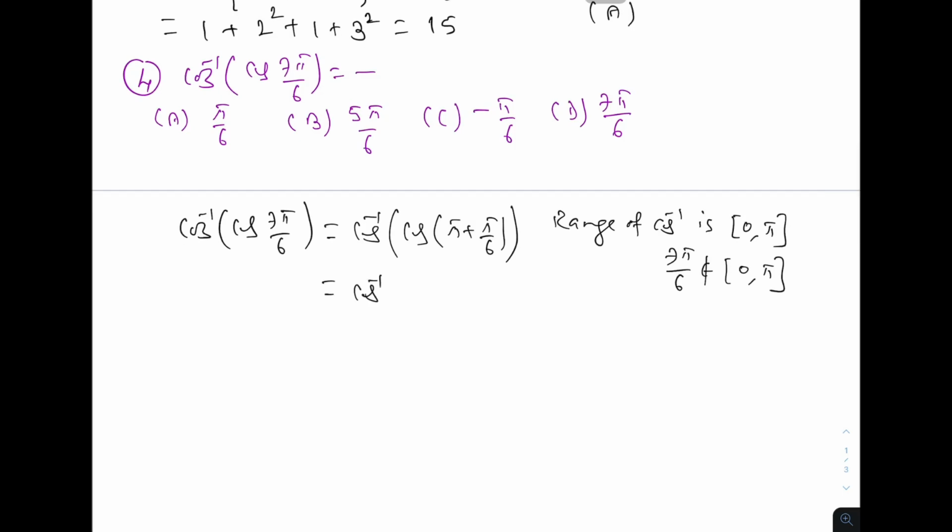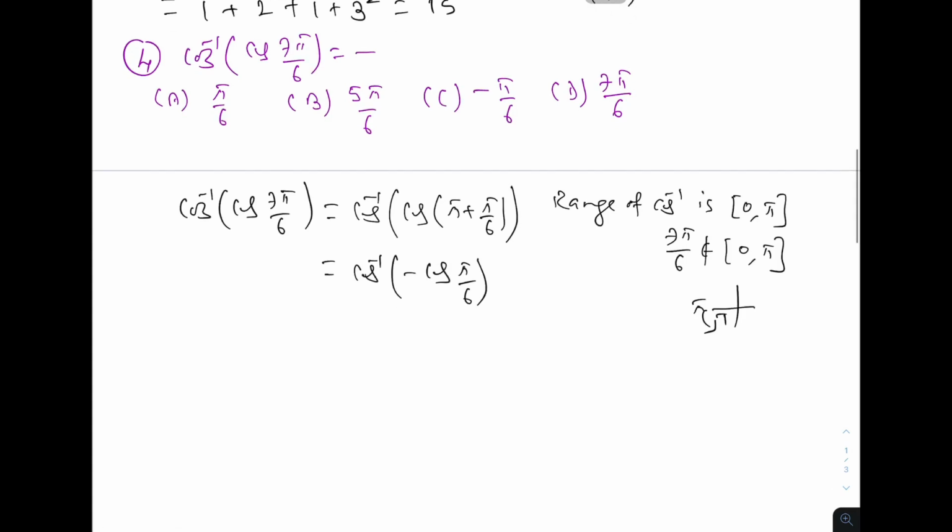Since cosine of pi plus theta is negative, this is cosine inverse of minus cosine pi by 6. Now cosine inverse of minus theta is pi minus cosine inverse theta.